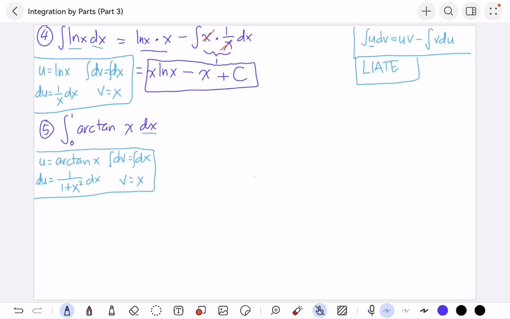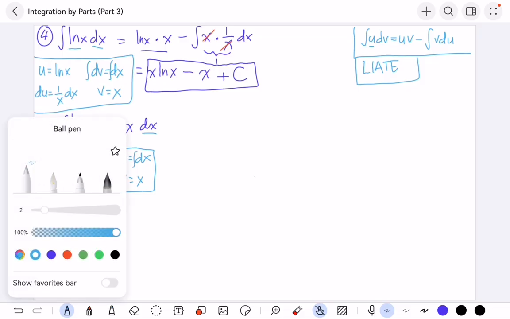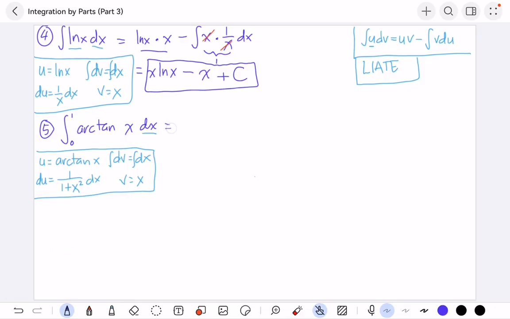Okay, now let us set up our integration by parts. So I have uv, so arctan of x times v, which is x, minus integral of v du. My v is x and my du is 1 over 1 plus x squared dx.